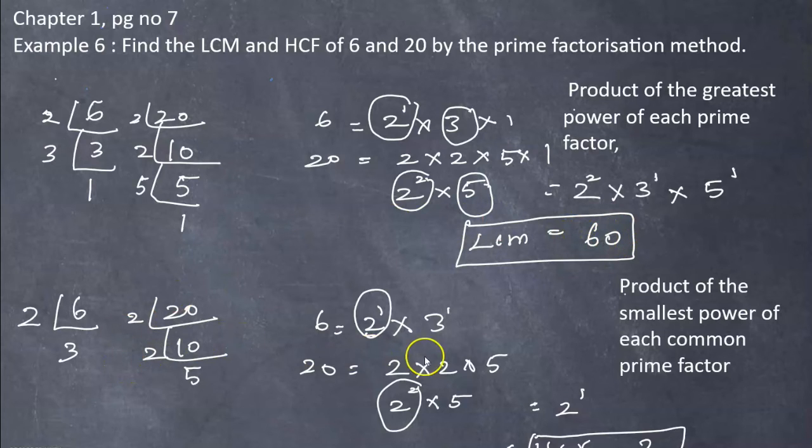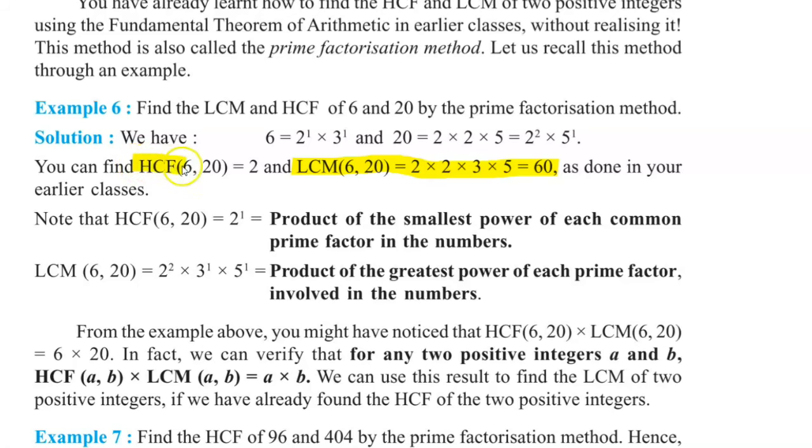Whereas for HCF, you do the same, but take the product of the smallest power of each common prime factor. So for 2 it is 2 power 1 and 2 power 2. Which is the smallest power? 2 power 1. So we take it. So the value of HCF is 2. So the HCF of 6 and 20 is 2.